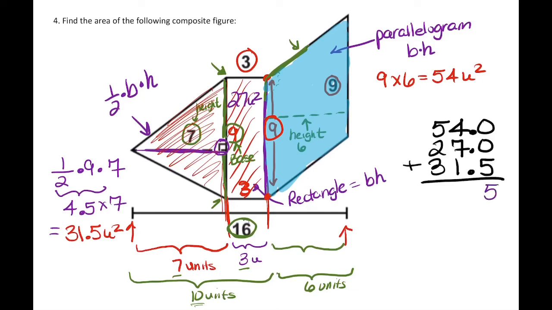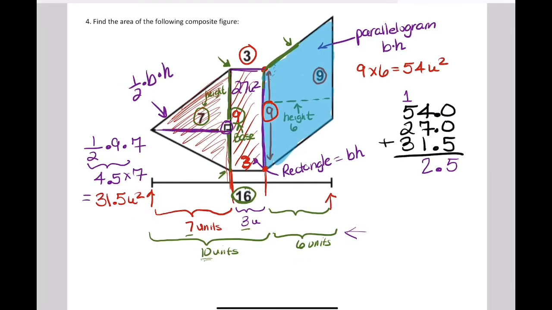Drop down that decimal point right there. 4 plus 7 plus 1 is 12. Put the 2, carry the 1. 1 plus 5 is 6, 6 plus 2 is 8, and then 8 plus 3 is 11. There's your area for the complete figure, which is 112.5 square units.